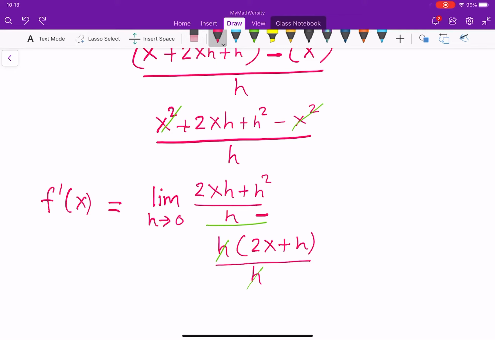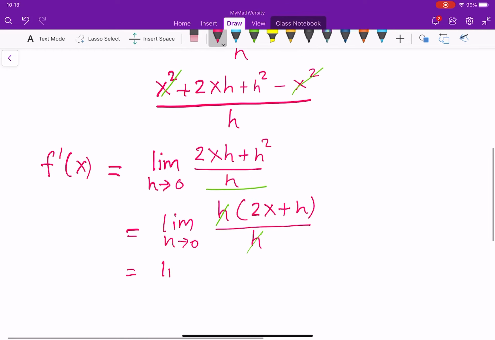So if that is the case, then what we need to do now is find the limit of the remaining expression. That means we just need to find the limit of 2x plus h, right? When h gets closer and closer to 0, we're going to see where this expression approaches. As you can clearly see, the first term is just 2x, which is independent of h, right?